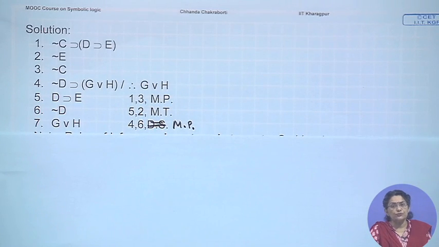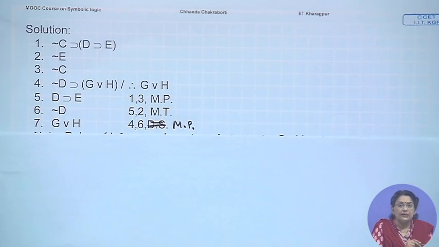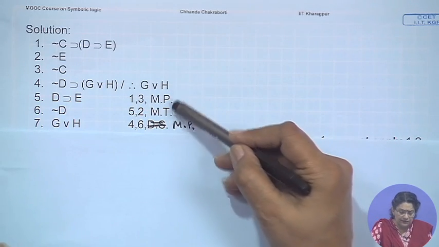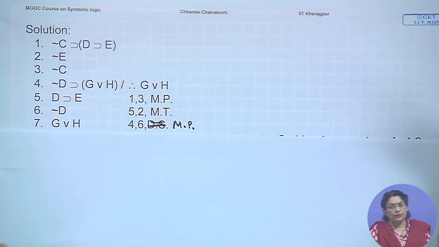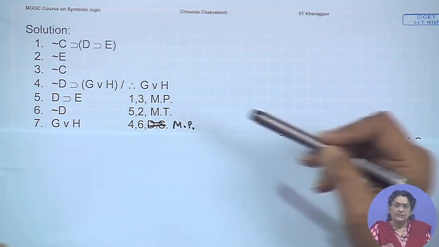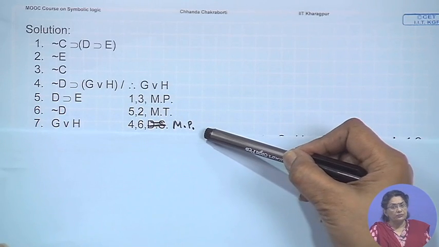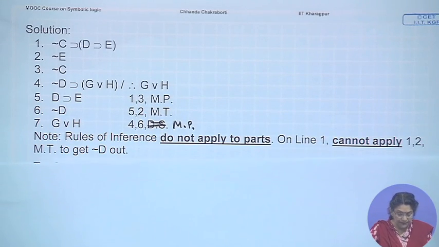So, it would have been a 2 to the power 5 row truth table for you to establish the validity. But here you have done it only by adding 3 lines, right. That is the formal proof of validity, and each of them is a valid argument form, which ensures that in every step the truth has been preserved. If you started with truth, then you have landed in truth, right. So, that is how it goes.